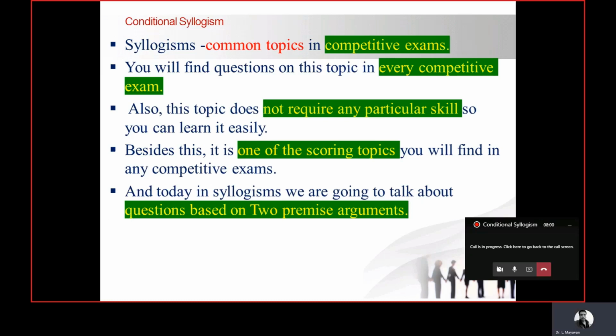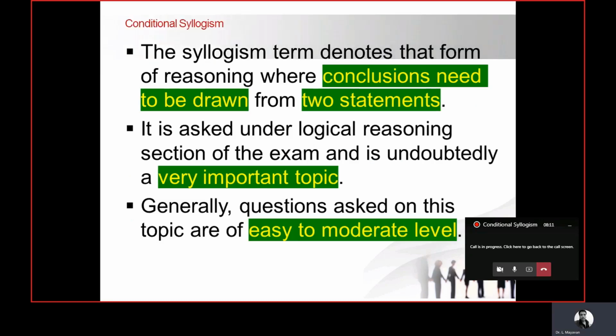And in today's session on syllogisms, we are going to learn and talk about questions based on two premise arguments. Okay? I hope you all have understood what a syllogism is, and what type of syllogisms can be expected in the competitive examinations. In the placement examinations also, the students can expect such type of syllogistic statement questions, and they should be well versed in working out these syllogistic questions to get their placements.